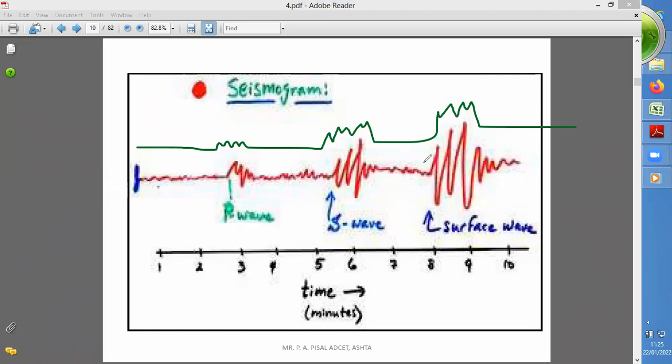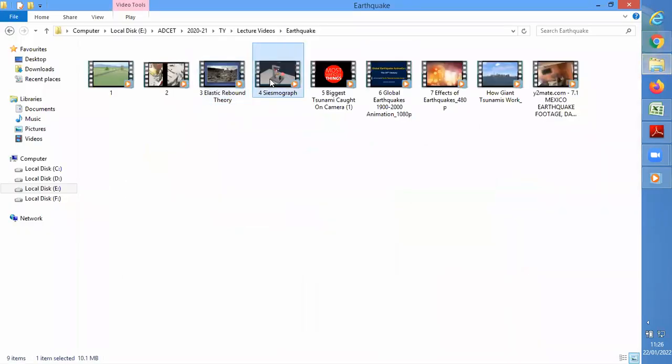These zigzag lines are considered a seismogram. So have you understood the difference between seismograph and seismogram? Just wait, I will show you how this seismograph is working.